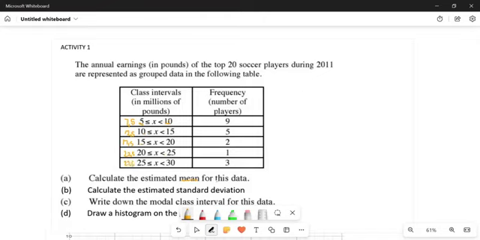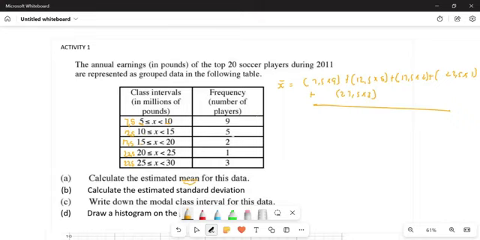Now, we said we can do the mean without the calculator. X mean is going to be given as 7.5, which we are going to times by 9 because that's the frequency, plus 12.5 multiplied by 5, plus 17.5 multiplied by 2, plus 22.5 multiplied by 1, plus 27.5 multiplied by 3.